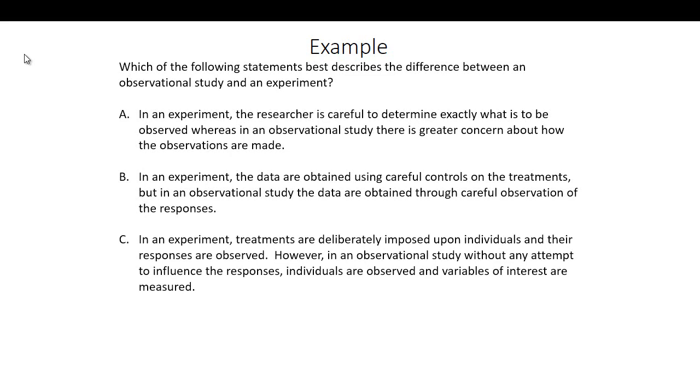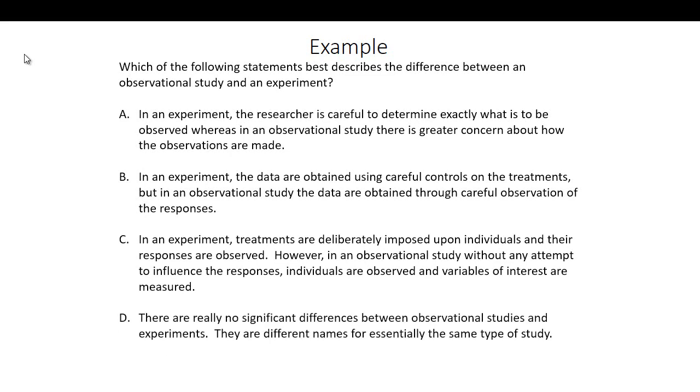C: In an experiment, treatments are deliberately imposed upon individuals and their responses are observed. However, in an observational study, without any attempt to influence the responses, individuals are observed and variables of interest are measured. D: There are really no significant differences between observational studies and experiments. They are different names for essentially the same type of study. Okay, so A, B, C, D, which one would you pick? Which one best describes the difference between the two types of studies?